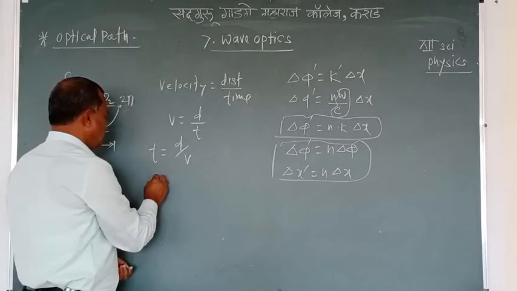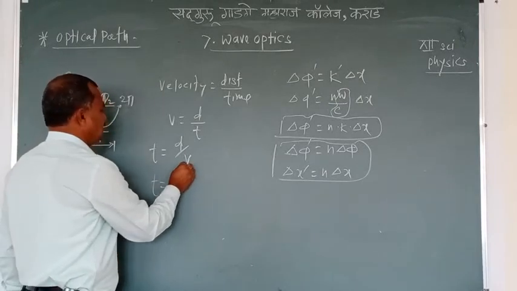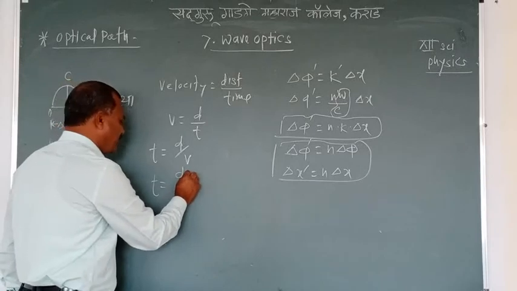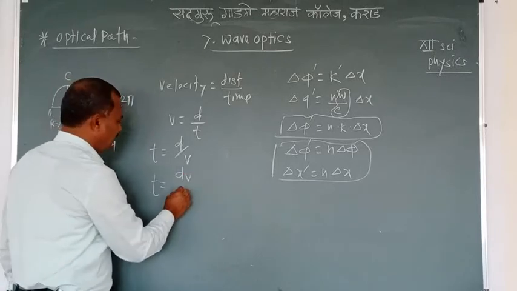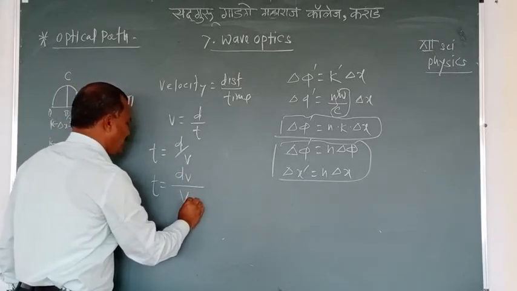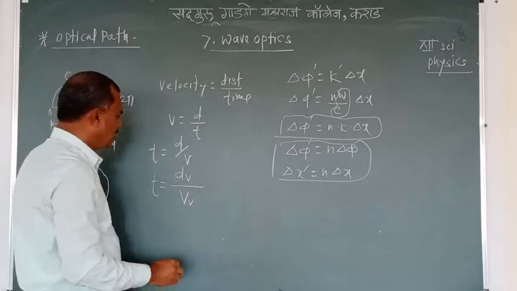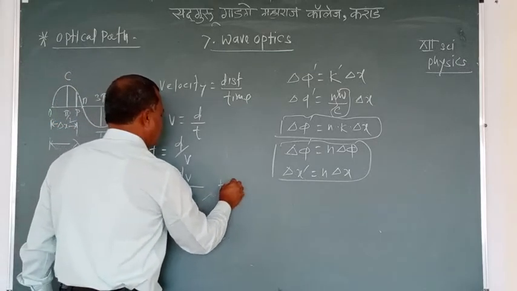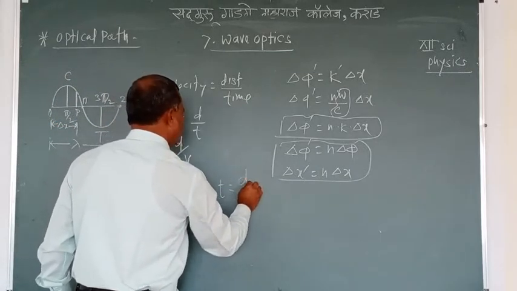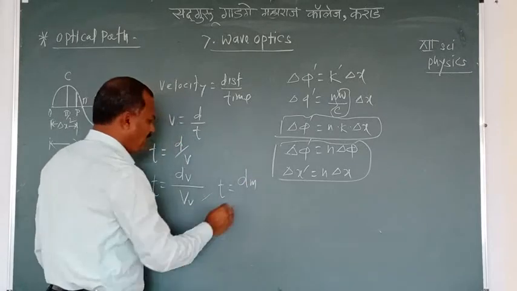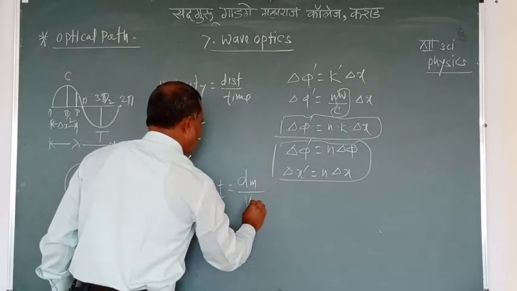Therefore, t is equal to distance covered by the wave in vacuum or free space, dv, divided by velocity of the wave in vacuum, vv. Similarly, in the medium, t is equal to distance covered by the wave in medium, dm, divided by velocity of light in medium, vm.